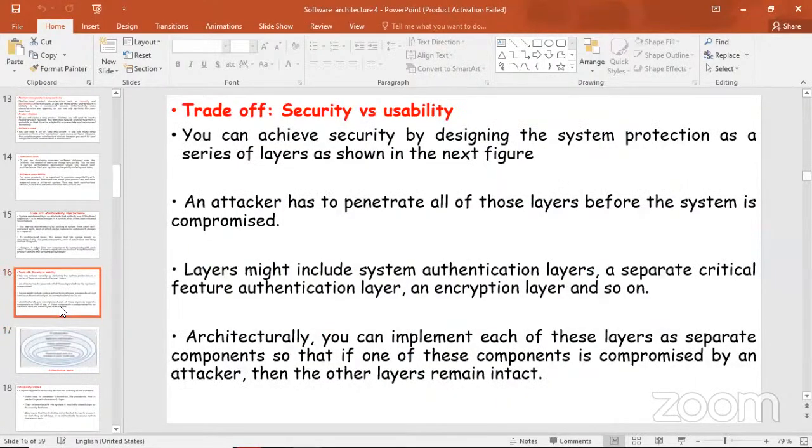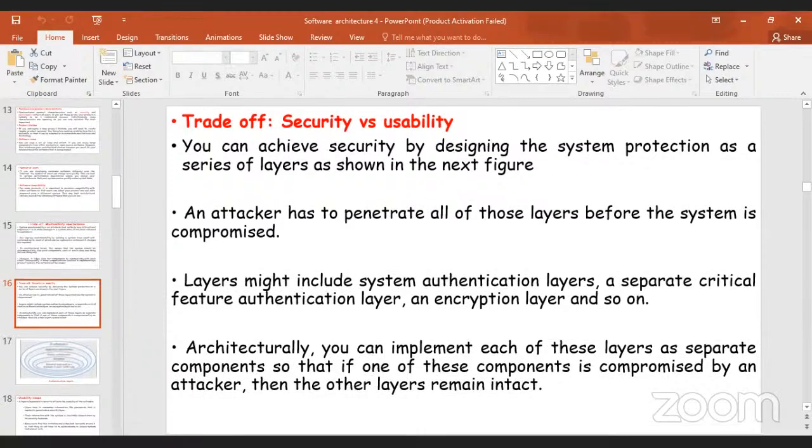Now, an attacker has to penetrate all those layers before the system is compromised. So it will take a lot of time for any attacker to get into all the layers. Now, layers may include system authentication, a separate critical feature authentication layer, an encryption layer, and so on. Those are security models.